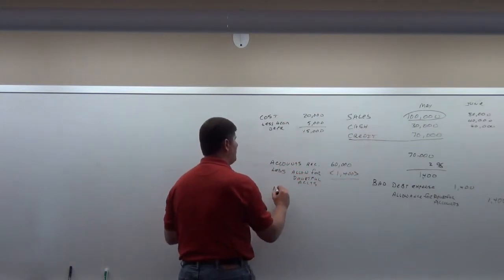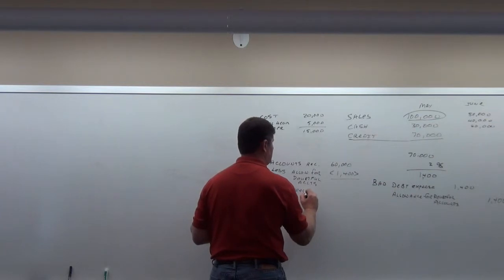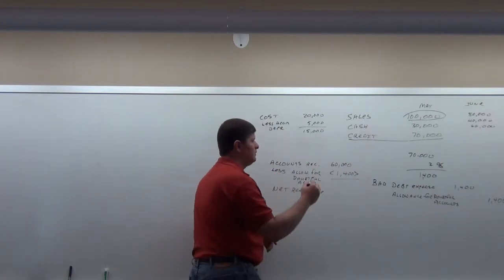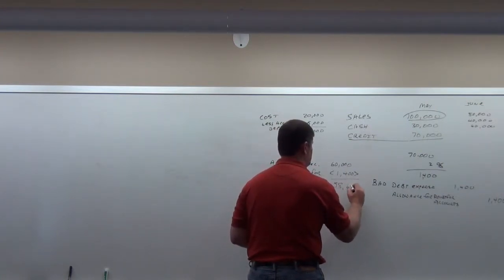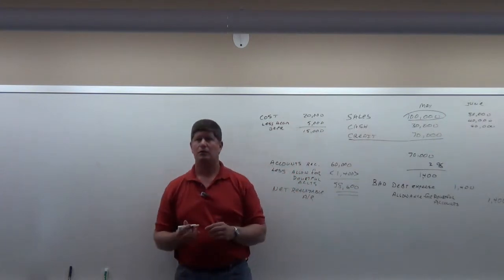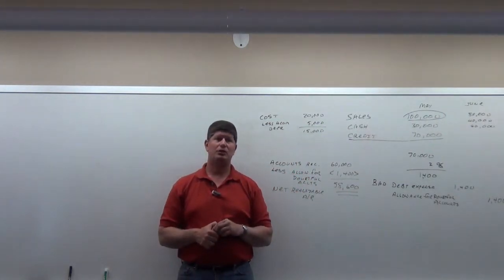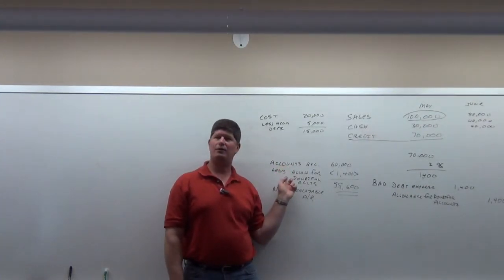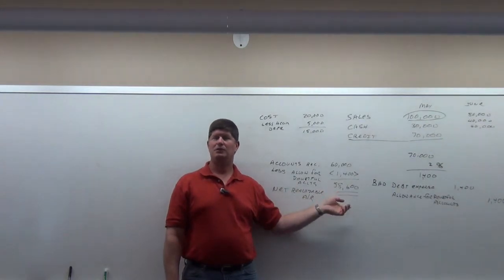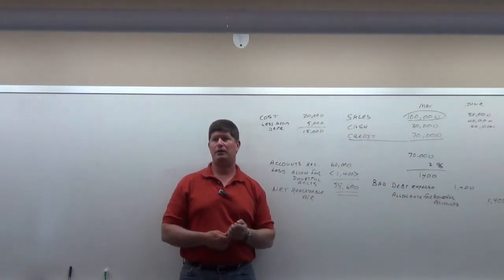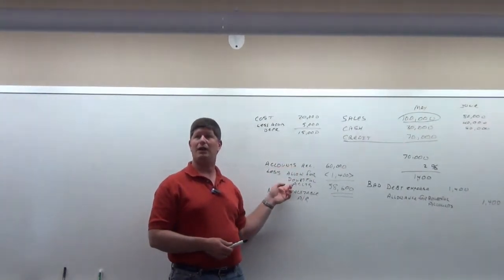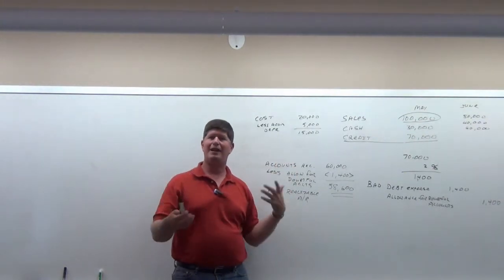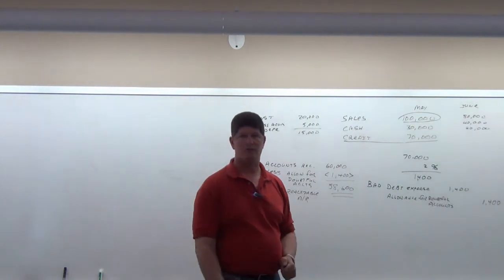Net realizable accounts receivable, 58.6. So on your balance sheet, you're actually going to show it this way. Cash, accounts receivable, less allowance for doubtful accounts, net realizable. And we'll do this as we go through the night. I'll show you an example of a balance sheet. But I just want you to realize that these go together, and you do have to combine the contra account with your accounts receivable to get the net realizable balance of your accounts receivable.